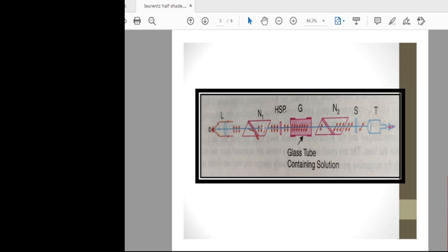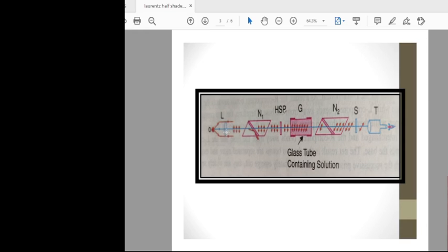See here friends, this is a diagram from which we are observing the optical rotations. This is a telescope, and here is the source.